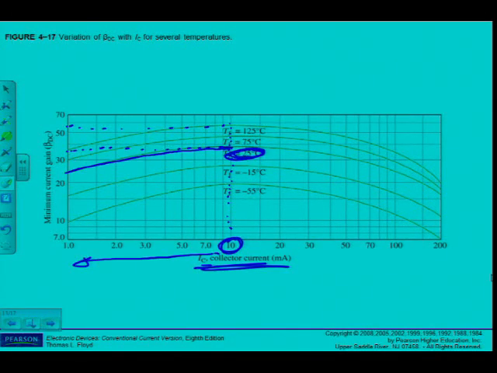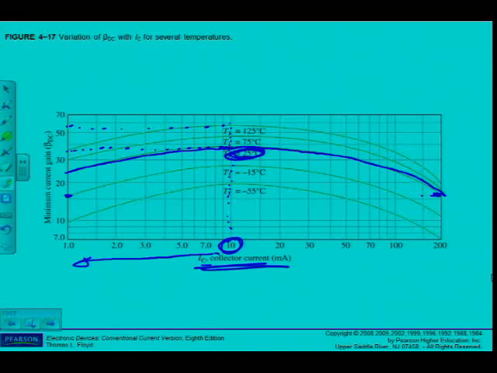If IC increases, I can see the same thing happening, and you can see it gets worse as it gets higher. At 200 milliamps, it becomes approximately 16, 17. So very surely I can see beta DC is not a constant value. It changes with temperature, and it also changes with changes in collector current.